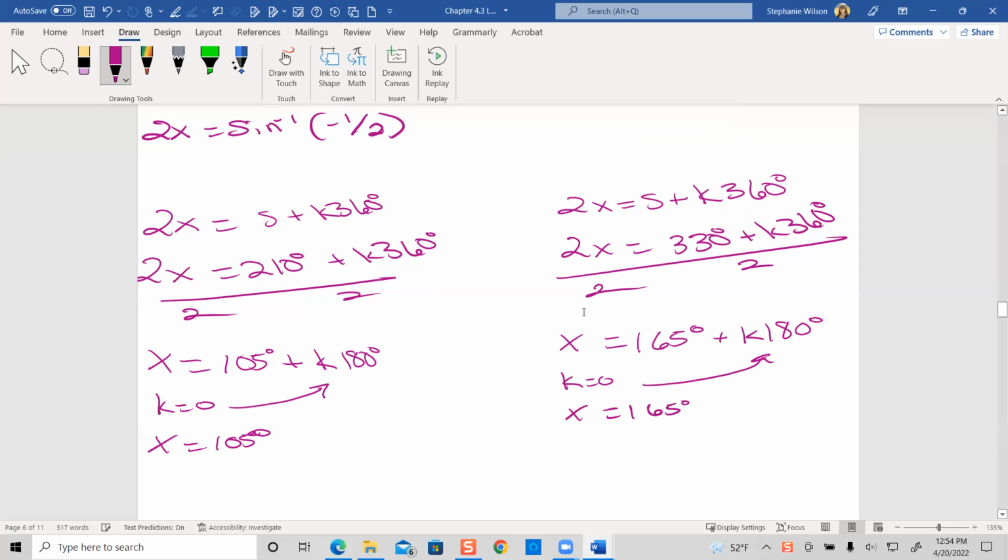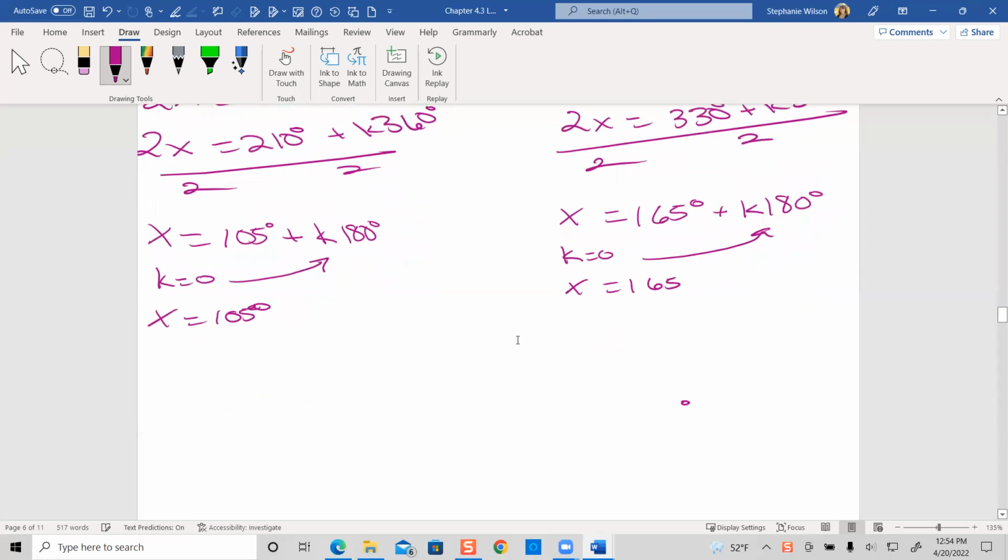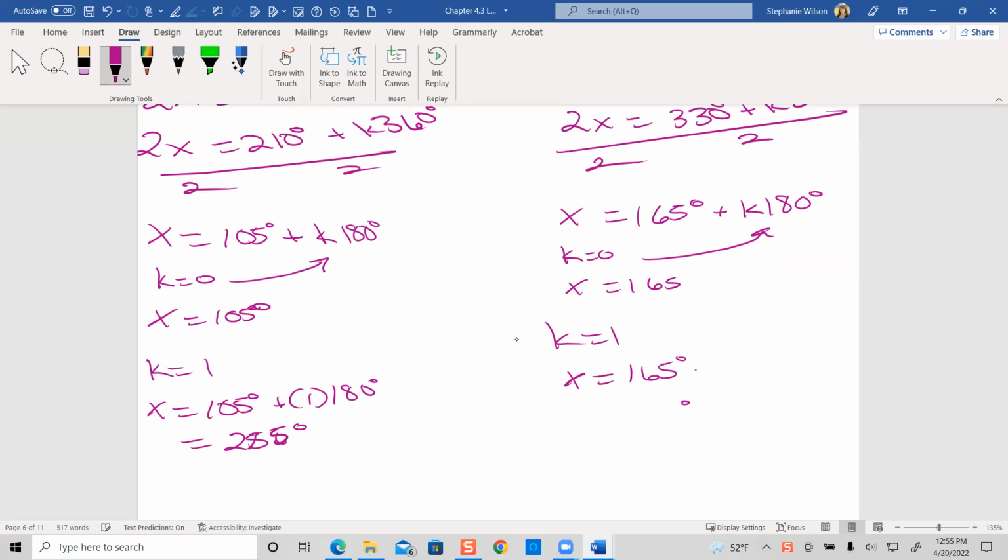So we got 2 values. Let's find the other ones. Let's let k equal 1. Well, when I do that, I get x equals 105 plus 1 times that 180 degrees, which gives me 285 degrees. And let's let k equal 1 here as well. I'm going to plug in 1 for k.